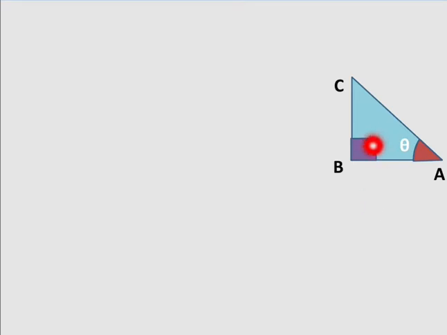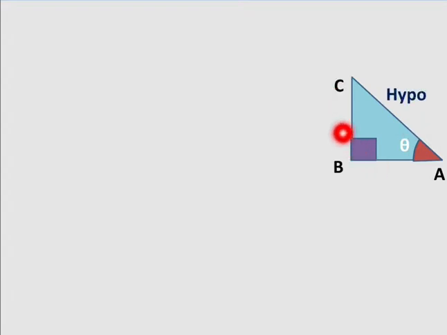We know that the side opposite to the 90 degrees angle is called the hypotenuse. Here AC is the side opposite to the right angle, so AC is called the hypotenuse.